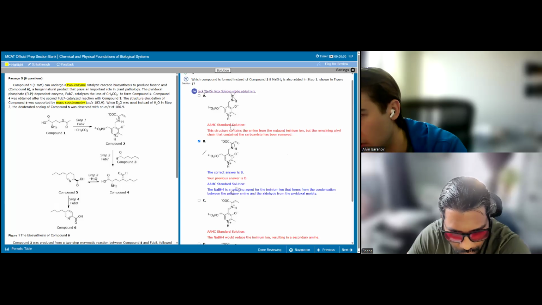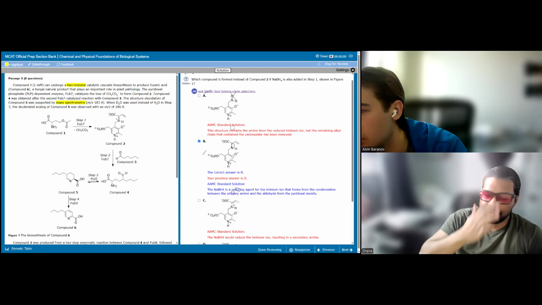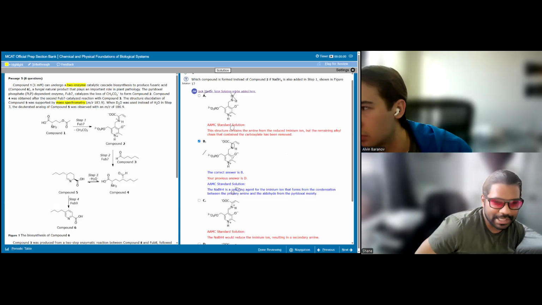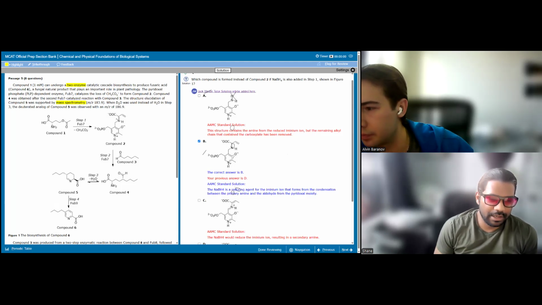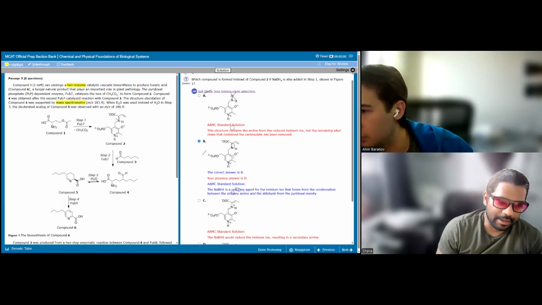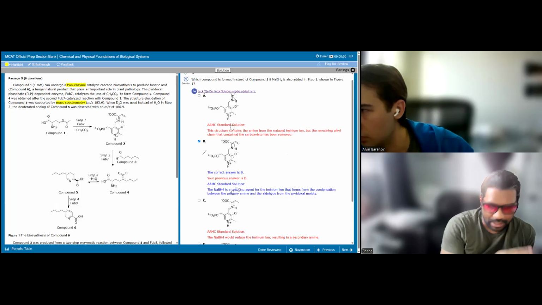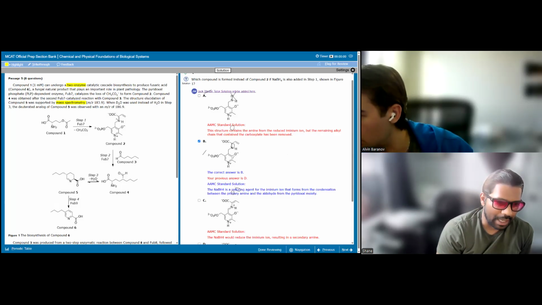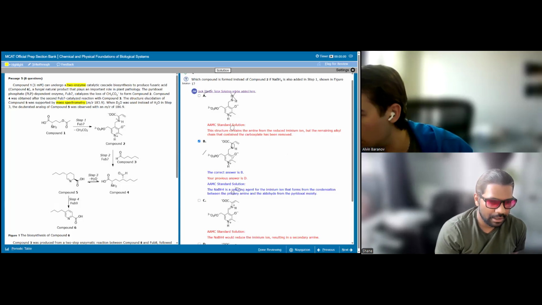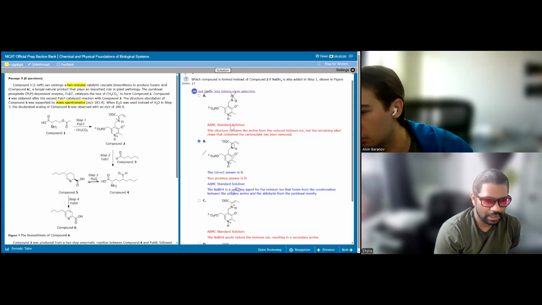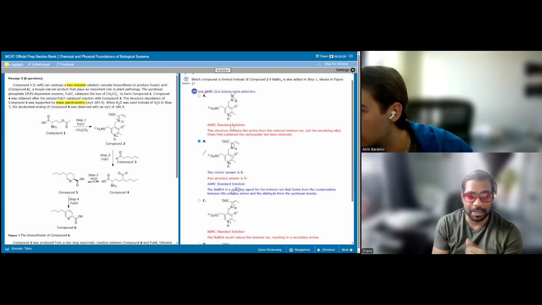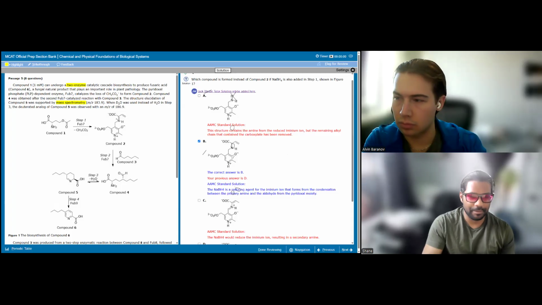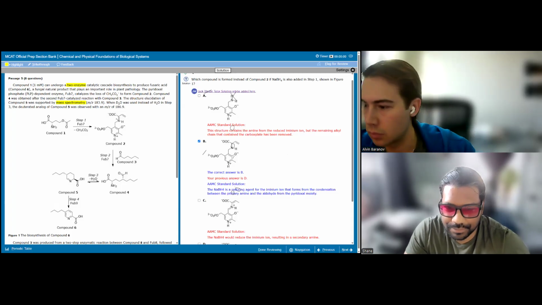So if we're going to be reducing something, we're taking a double bond and turning it into a single bond, like the reverse of that first step of oxidation. So B has a loss of one double bond, and D, I believe, has a loss of two, and it shouldn't remove both, unless you had two equivalents, maybe.